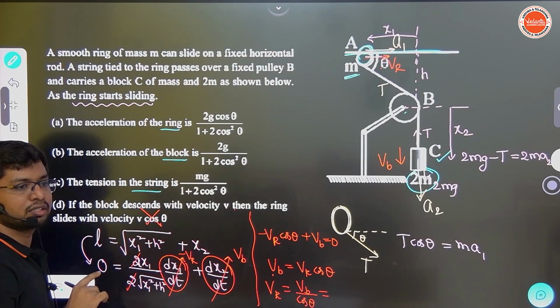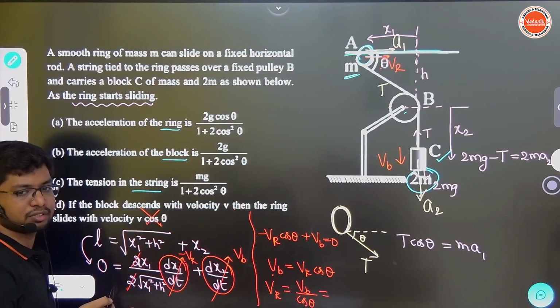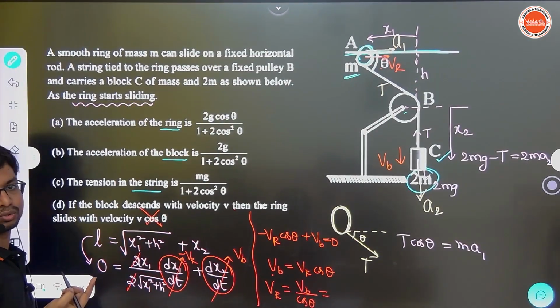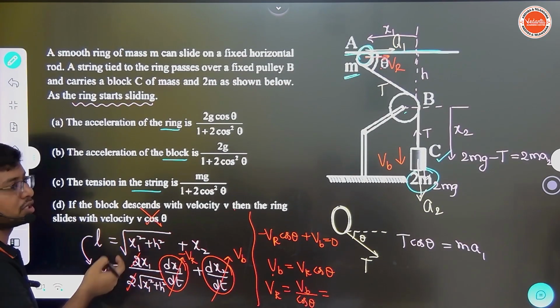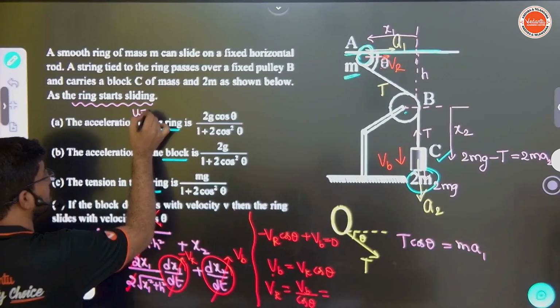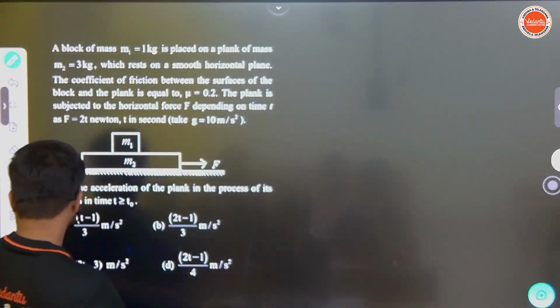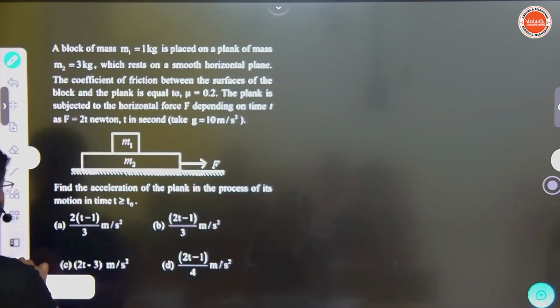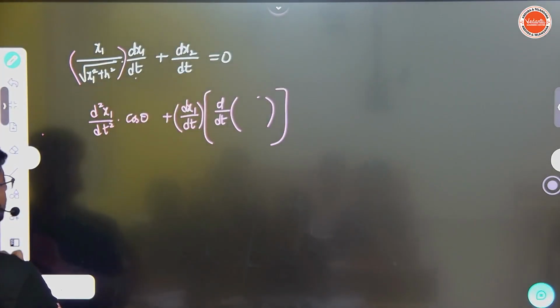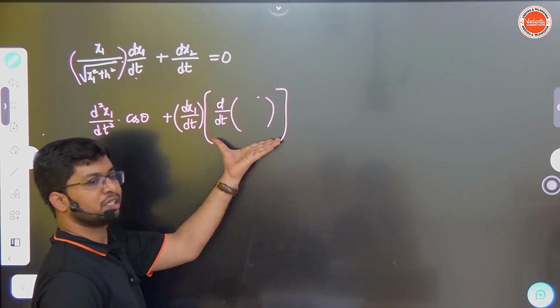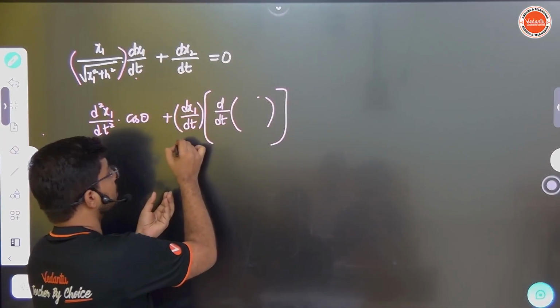As the ring starts sliding, what is its initial velocity? 0. Understood the point, right? So its initial velocity is 0. If its initial velocity is 0, then whatever may be the differentiation over here, this is 0.